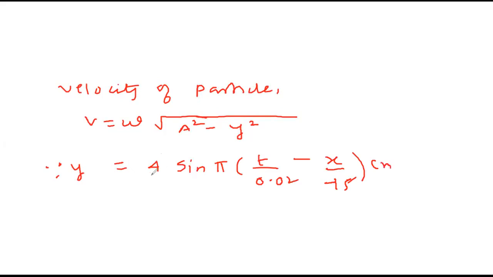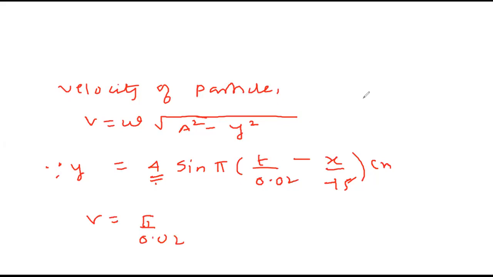So this 4 is our amplitude, and this pi upon 0.02 is actually omega. We already calculated the displacement. By comparing, omega is the coefficient of t. Pi upon 0.02 is omega.